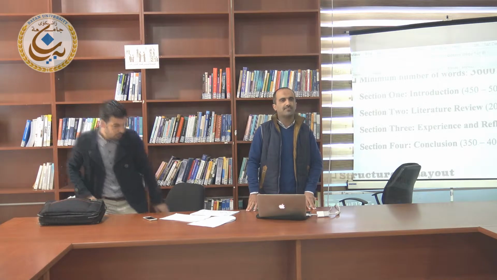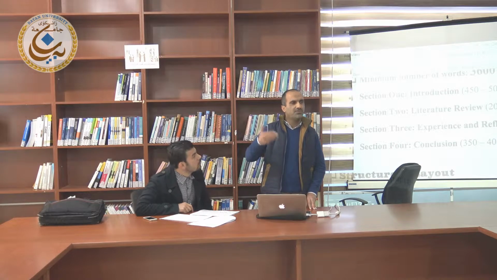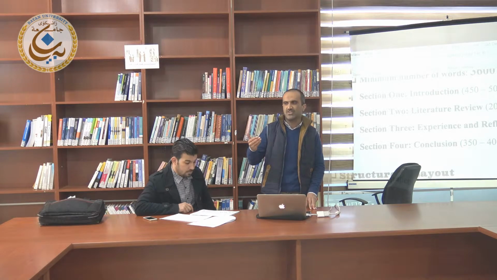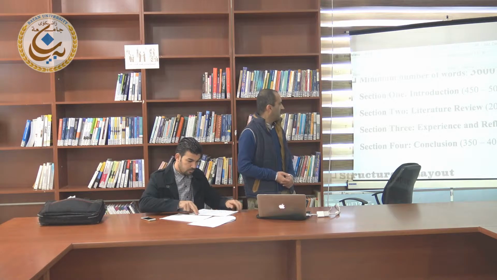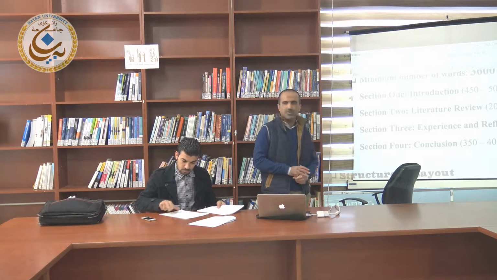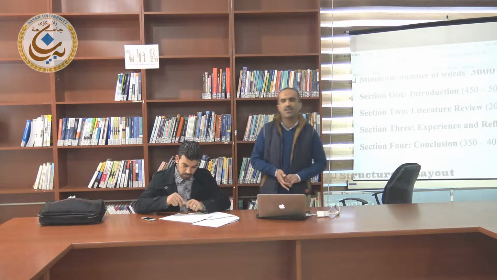And the second section will be the literature review, for example. So you're going to review the previous research, the practical one and the research one. And section 3, maybe we've got two kinds of research. One of them, in the English department, is the practical one.